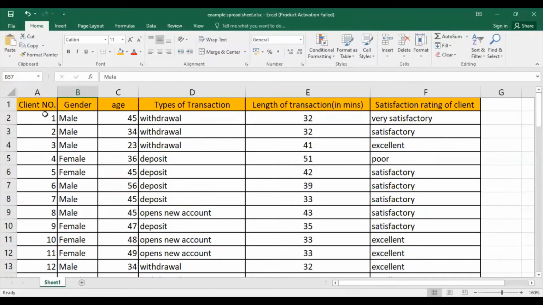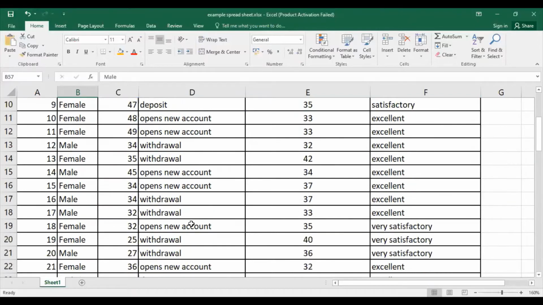Okay, so we have the first column A, client number, which indicates the number of clients that they have entered in a certain period of time. Gender, the male and female, there are only two categories. And age, there are varied ages. And type of transaction, we have withdrawal, deposit, and opens new account.